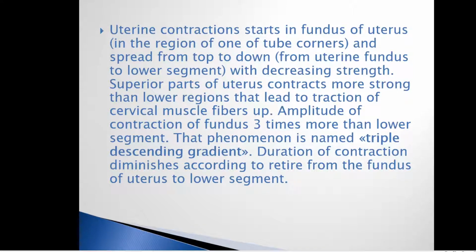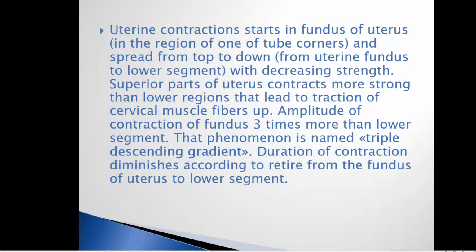Uterine contractions start in fundus of the uterus, and spread from upper to lower parts of the uterus, with decreasing strength. Superior parts of uterus contract more strongly than lower regions, that lead to tractions of cervical muscle fibers up.